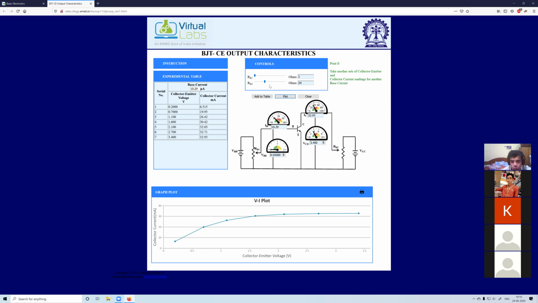Now I reset everything. Now I change IB, RH1, to get another value of IB. Set around 20, what is the unit? 20 microamps. Now I start changing the values of VC. So we get another curve for a different value of IB. That is how it should be plotted.